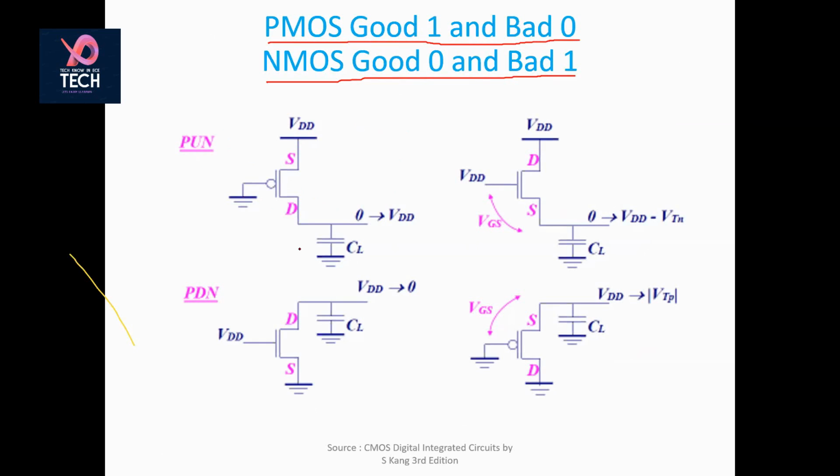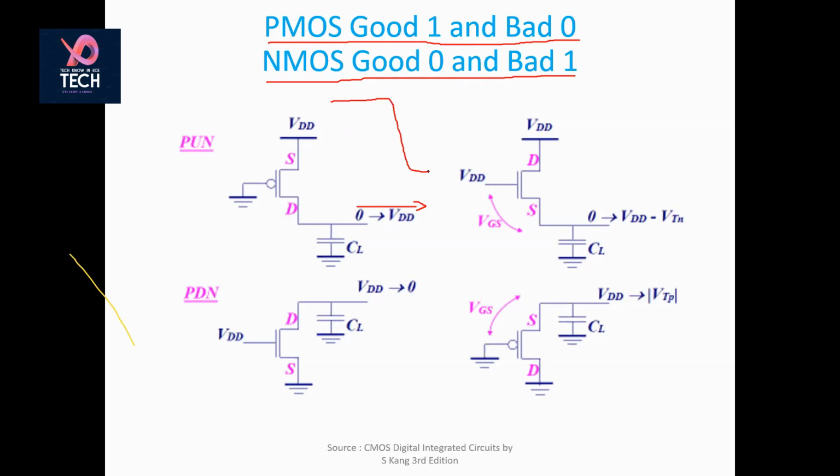So when you have a look at this, what is the observation? When your input is grounded, the output at this particular load capacitance will move from 0 to VDD. That means you are getting the output to the full swing like this.